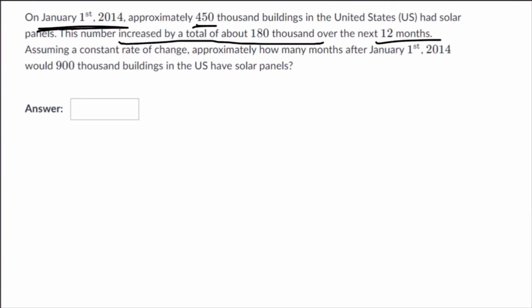So 180,000 over 12 months is the same as saying 180,000 every 12 months. So right here, we remember this is our ratio situation where this represents the slope. 180 over 12 months, that's the slope, and it increased by this much, right?